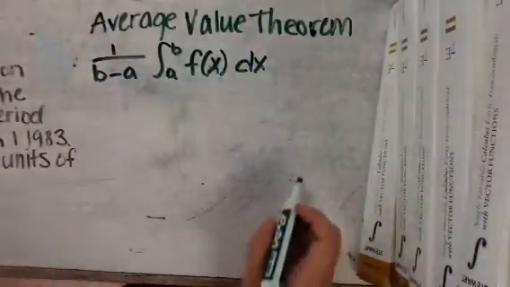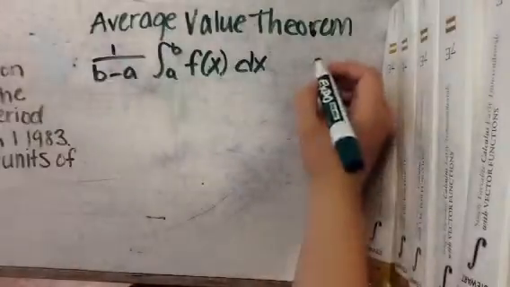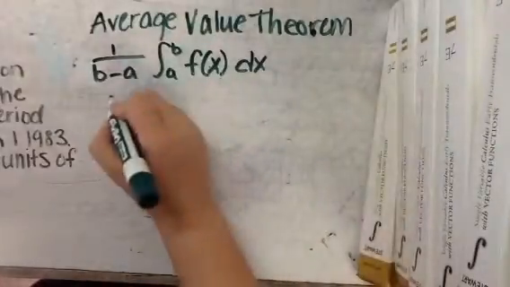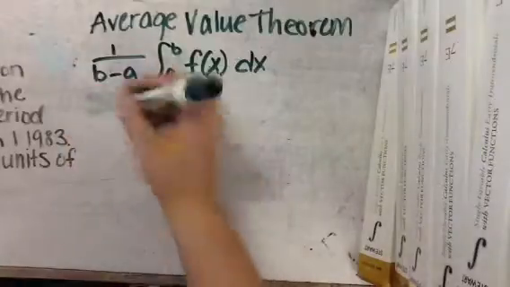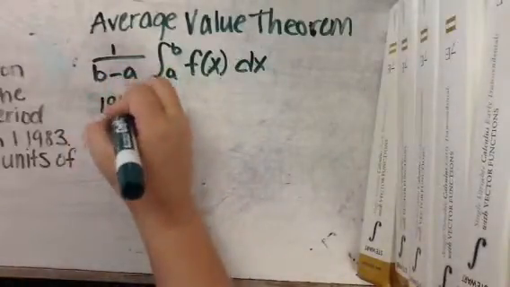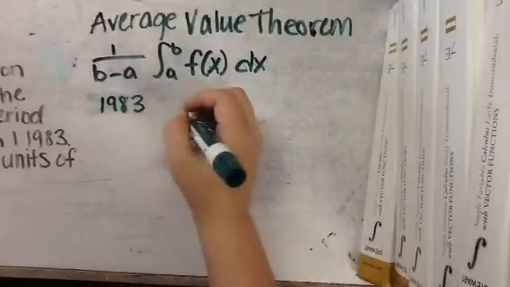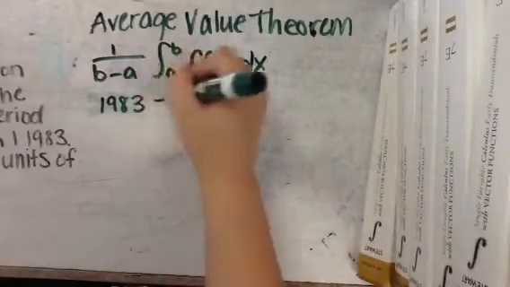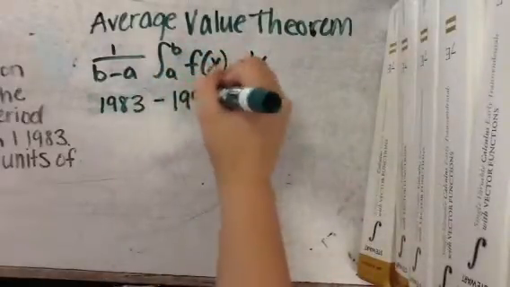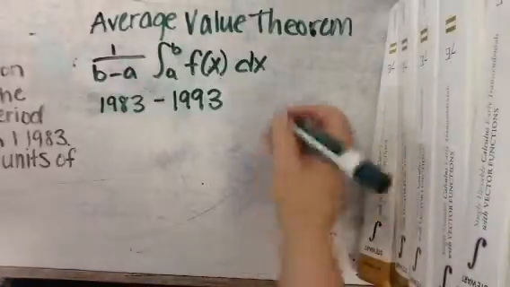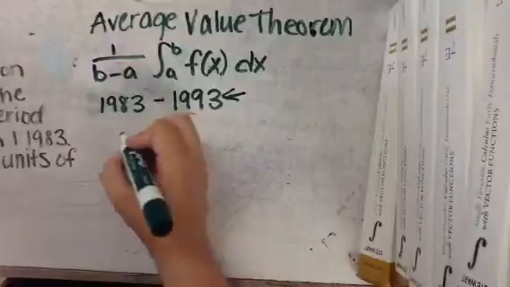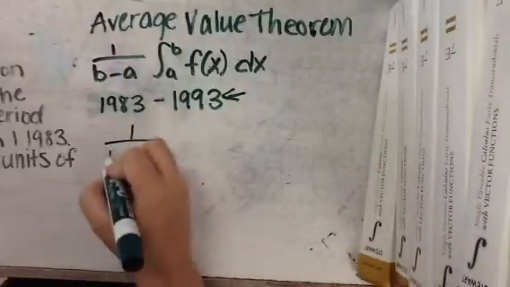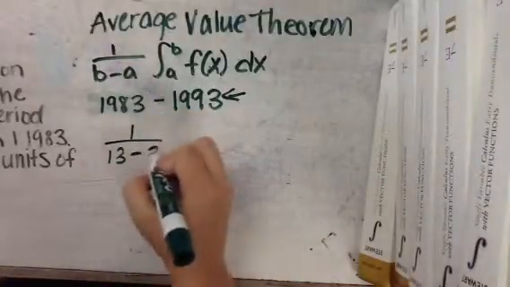Since the time period starts at 1980 and we have 1983 and 1993, that's 3 to 13.